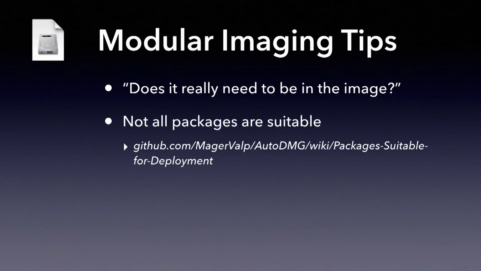So if you do choose to build a modular image for something other than testing, I do want you to ask the question, does it really need to be there? Is it absolutely crucial, for the reasons I mentioned earlier, speed or other things? Because if you've ever tried to do that, or even in DeployStudio, instead of saying take this package and install it on first boot, you say no, install it right now onto the machine before first boot, some of those don't work. In the AutoDMG wiki, Per has laid out very well which packages are likely to fail.